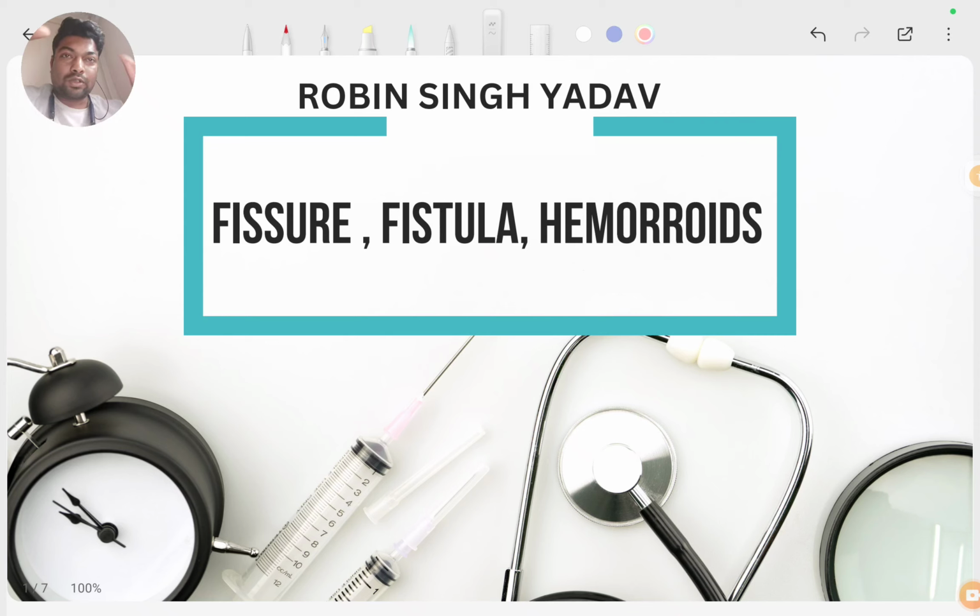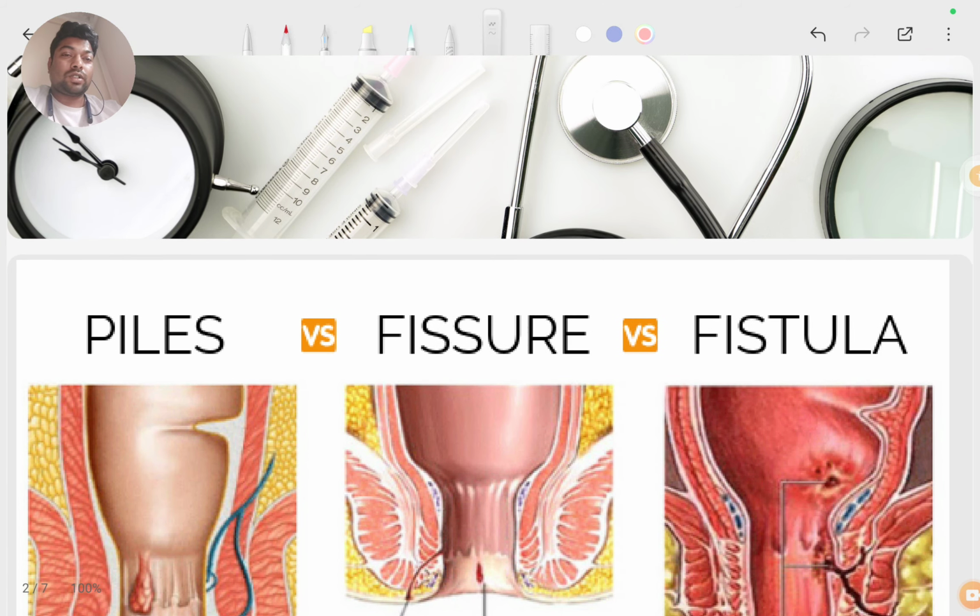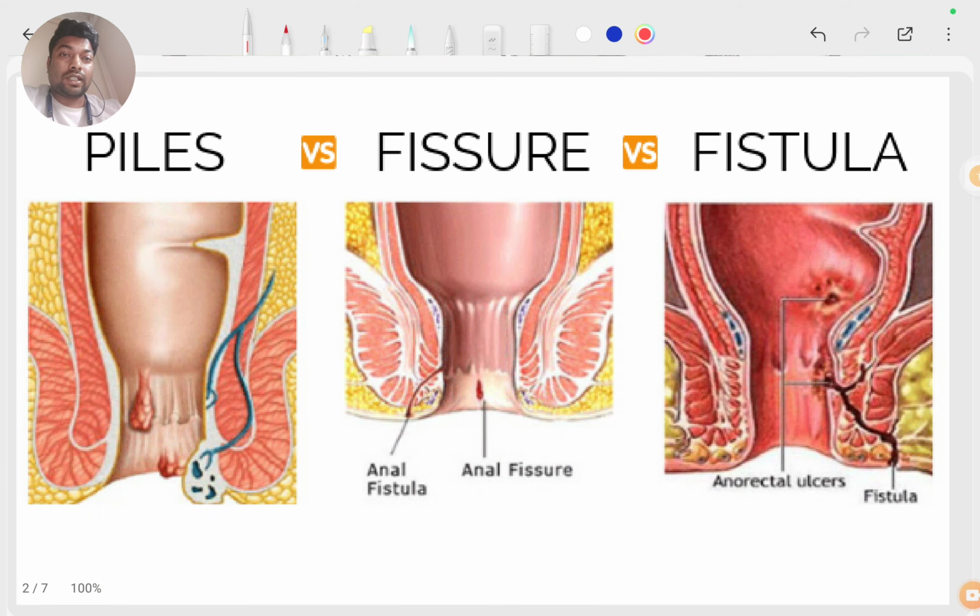So hi everyone, today we're gonna review these words like fissure, fistula and hemorrhoids, or we can say piles. In the very first one, the piles, here in the anal part we see lots of veins.